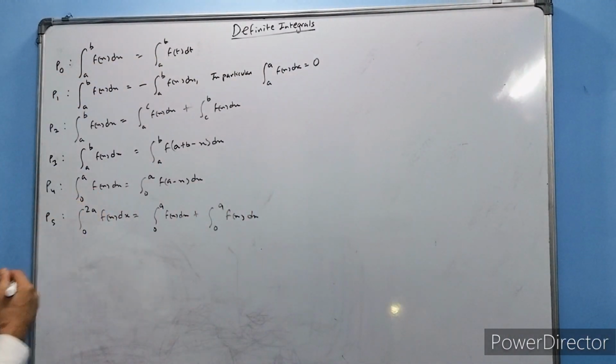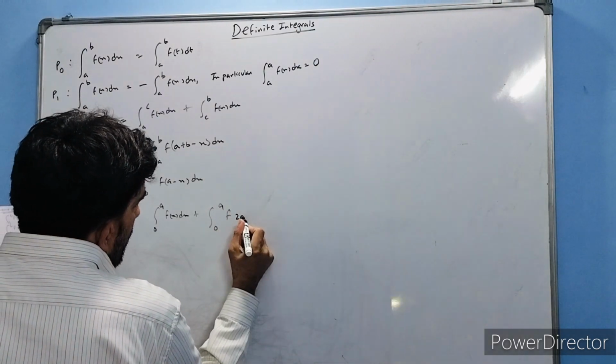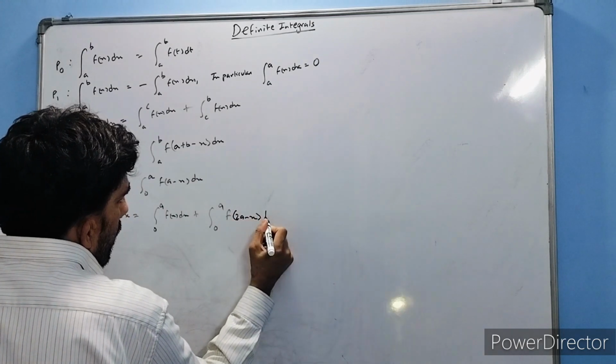Now we'll move to the next property, f of x. Here we will have f of 2a minus x dx.